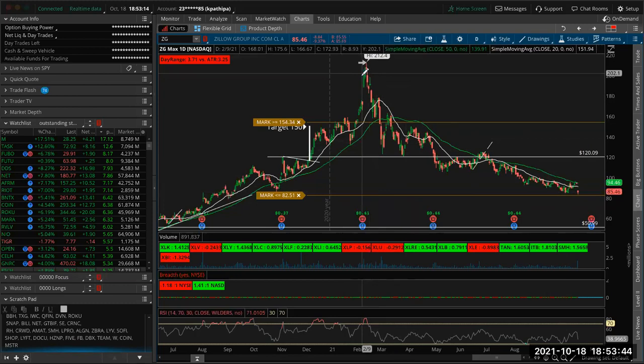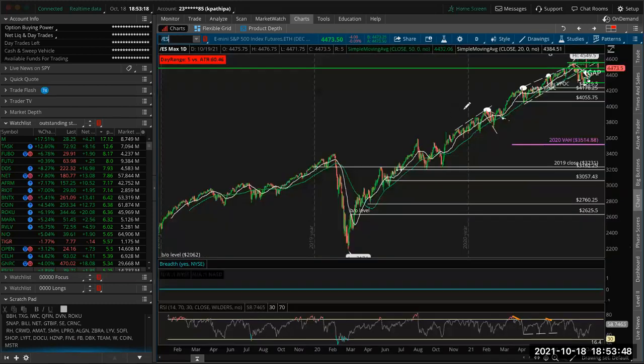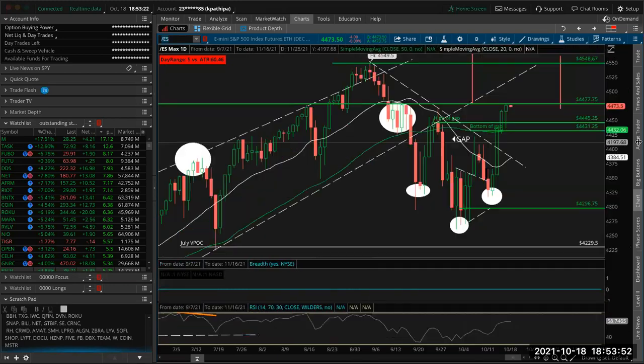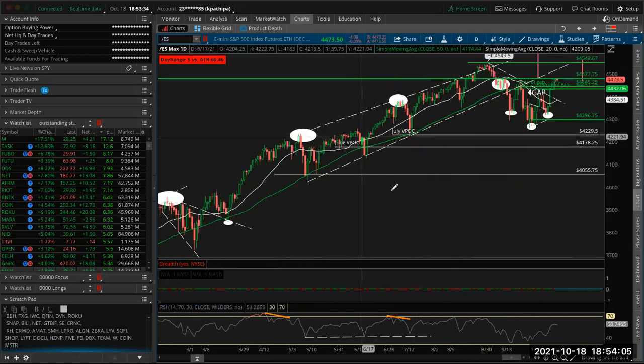Even for ES, in September, I went to 100% cash like 3 times, and it only worked once. I think during this time, I sold it 3 times. It's not like I knew this could have happened here or here or anywhere. It could have happened anywhere.